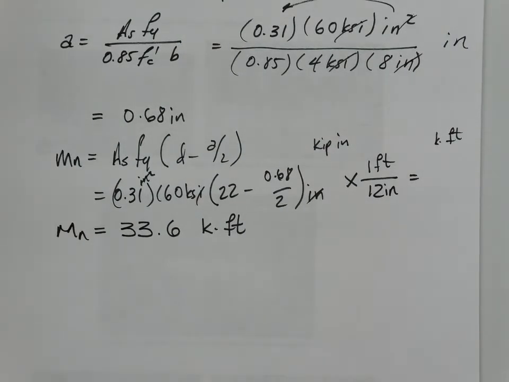You got 33.5 and I got 33.6, and it all depends on how many decimal places you carry in your calculations. But because of the assumptions that are in there, neither one of us is right. It's around that number, right?